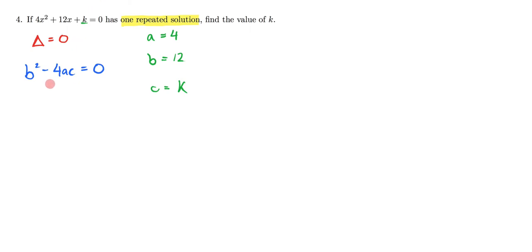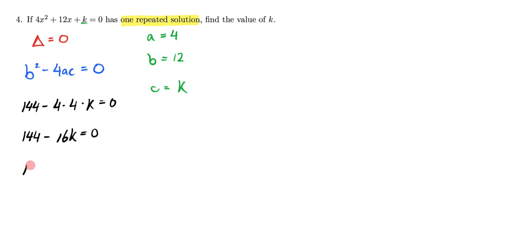I then put these into my formula, so b squared is 12 squared, which is 144, minus 4 times 4 times k equals 0. So I'm going to get 144 minus 16k equals 0, because 4 times 4 is 16.